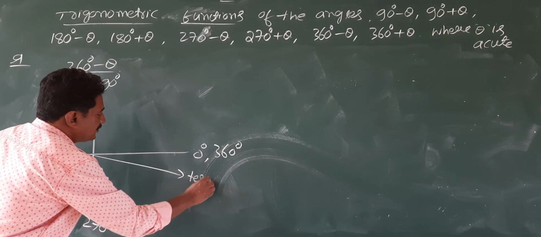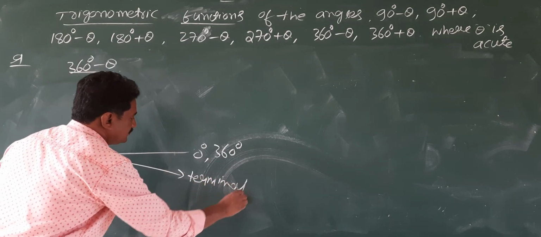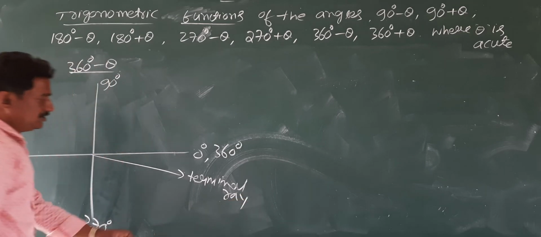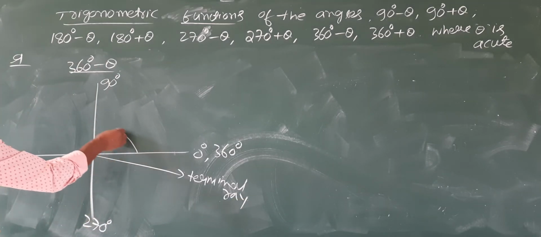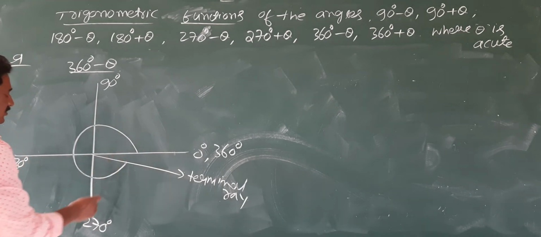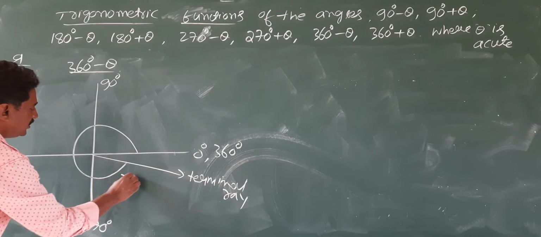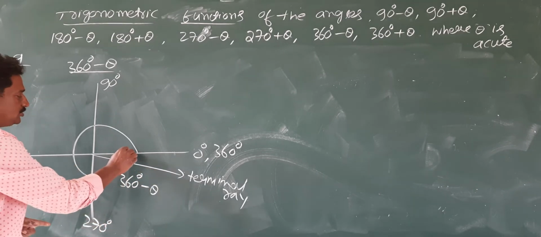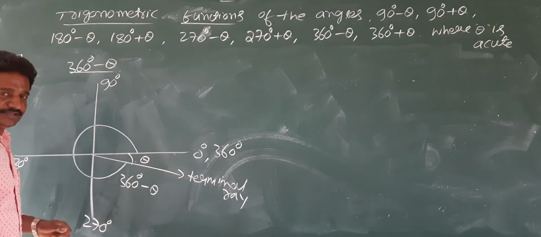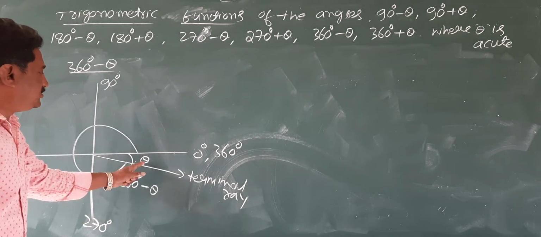Terminal ray. So terminal ray 360 minus theta. Full is 360 minus theta. So what is the measure of this one, students? Theta. So tell me the reference angle.